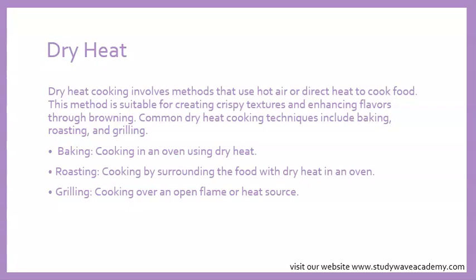Baking, cooking in an oven using dry heat. Roasting, cooking by surrounding the food with dry heat in an oven. And grilling, cooking over an open flame or heat source. So dry heat cooking is about using hot air or direct heat without water.